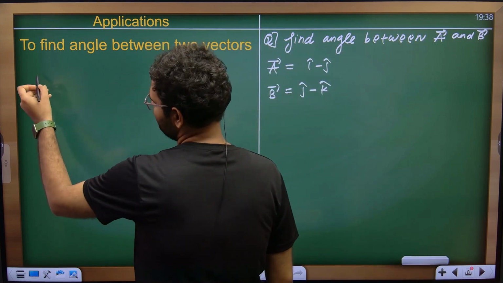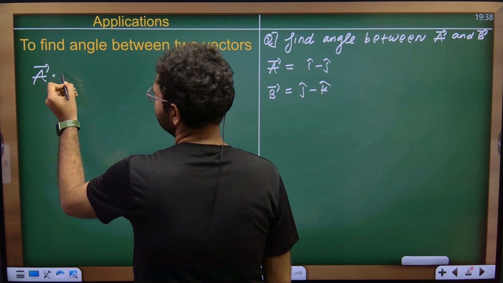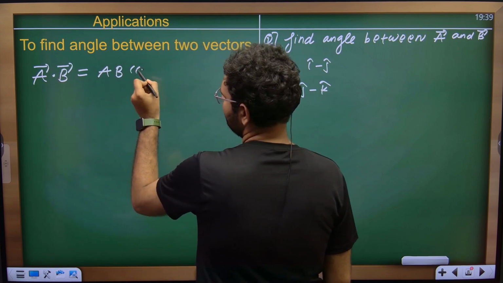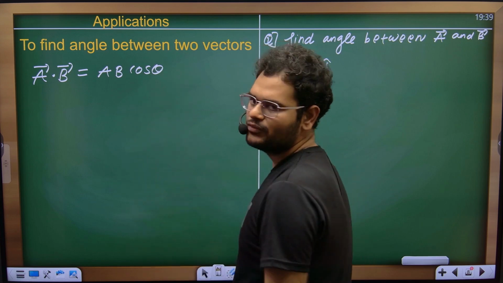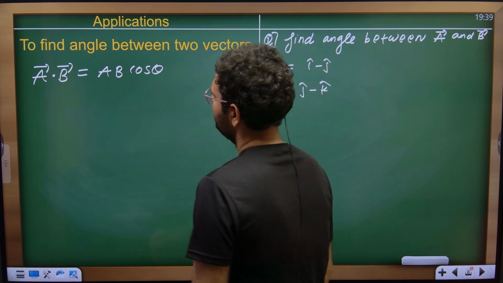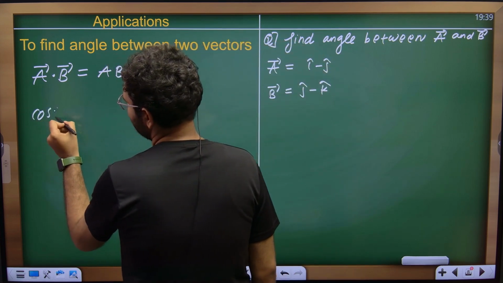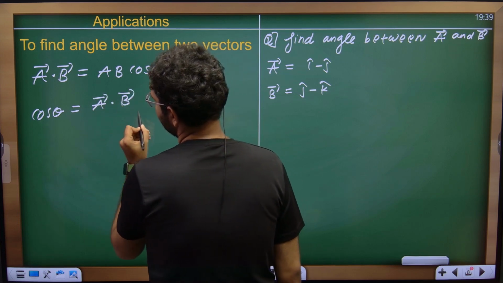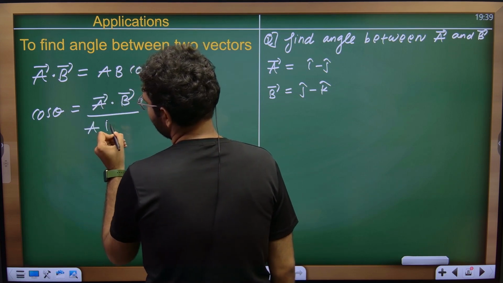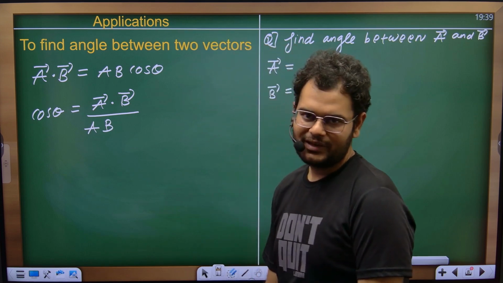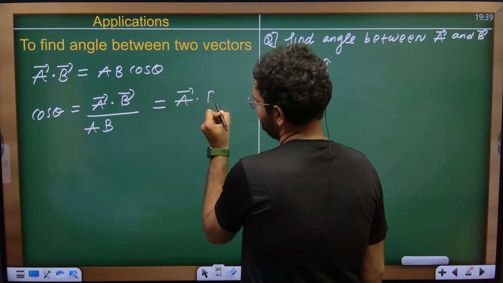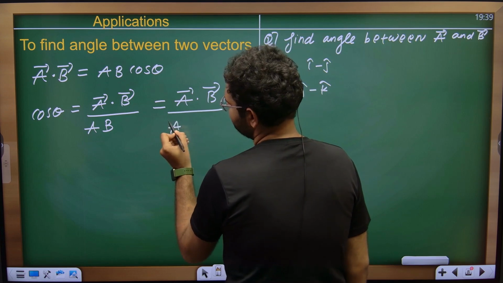You tell me, what is the formula for dot product? A dot B, sir. A dot B is equal to AB cos theta. AB is simply magnitude of A and magnitude of B, right? Okay, sir. So can I write cos theta is equal to A vector dot B vector upon A into B, that is, magnitude of A into magnitude of B. This is the same as A dot B, one and the same thing.